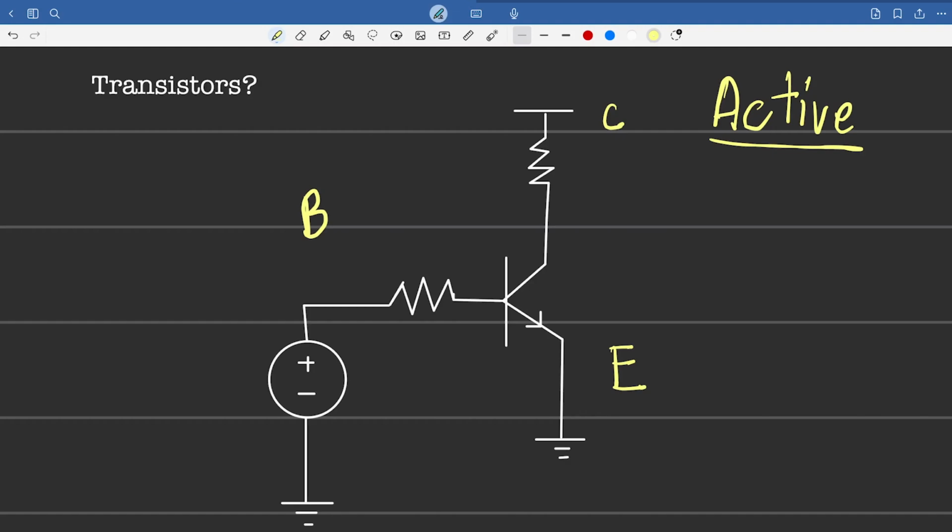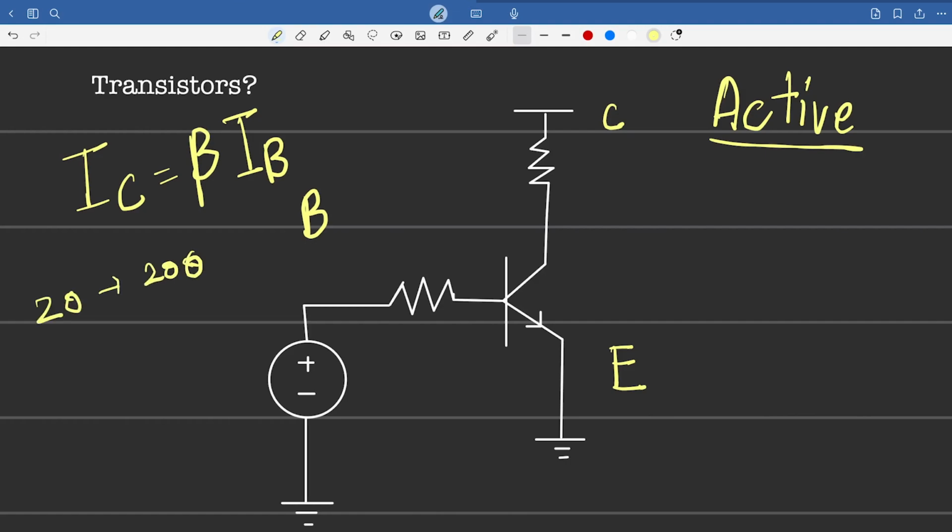So for you to understand what an active region is, always remember that there is something called beta, a factor which is constant, multiplying with the base current. To simplify it, how does this work as an amplifier? The value of beta is typically between 20 to 200, but mostly we use it in the range of 80 to 100.